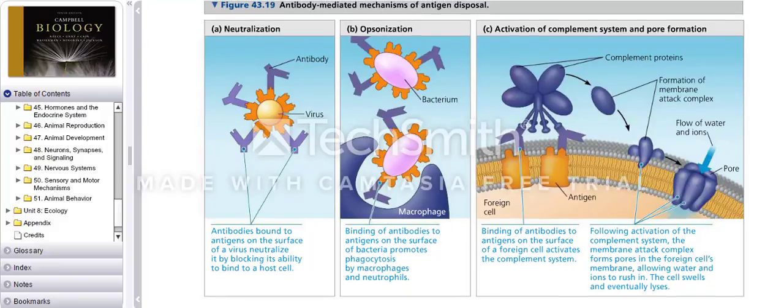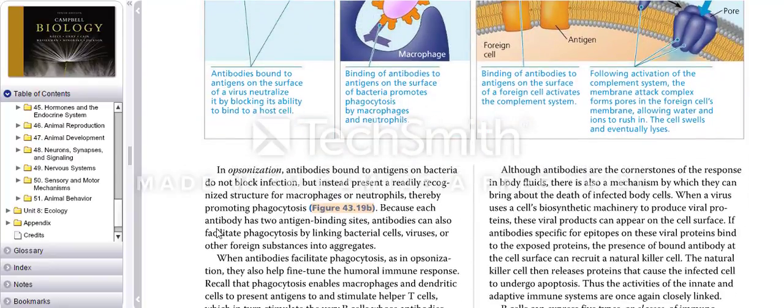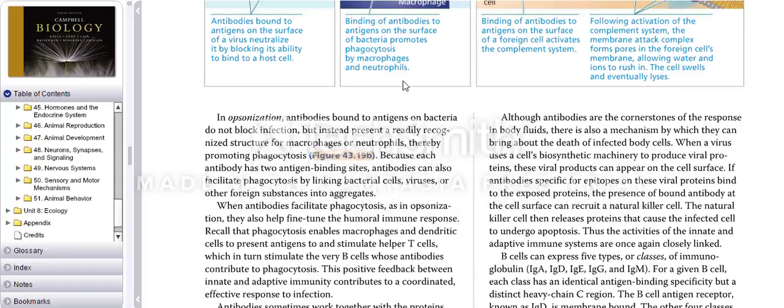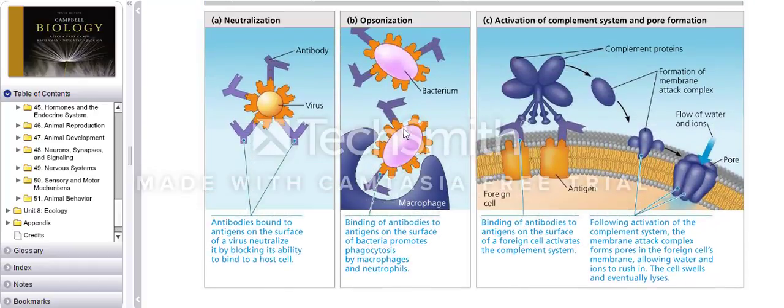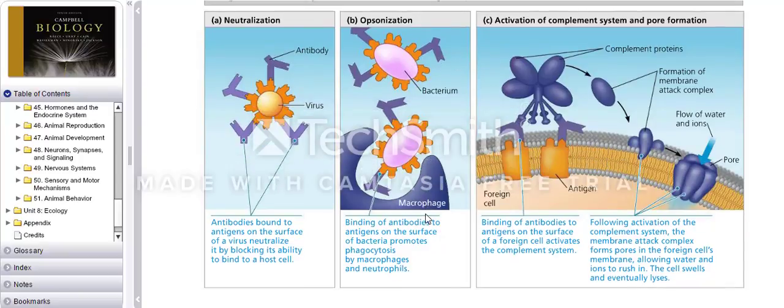And figure 43.19 section B talks about opsonization, which is described below here, if you guys are still following along in the book. The antibodies bind to the surface to tag the bacterium or the pathogen for phagocytosis by a macrophage.